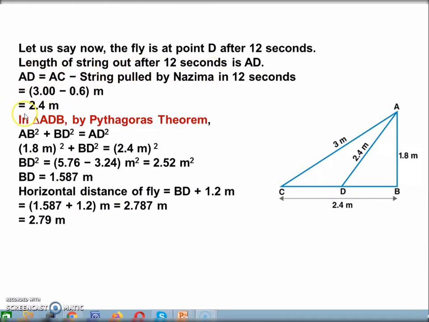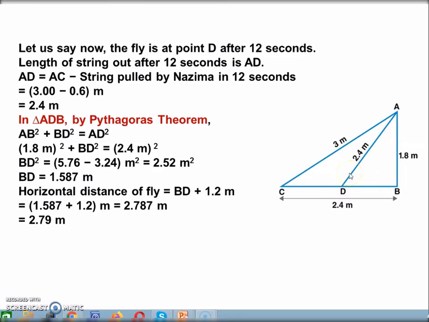The remaining will be 2.4 meter. So now a new triangle will be formed. When she pulls the string, then this will reduce. When she has pulled the string, the length of the string is reduced. So this will become 2.4 now. Now you can apply Pythagoras theorem in triangle ADB.